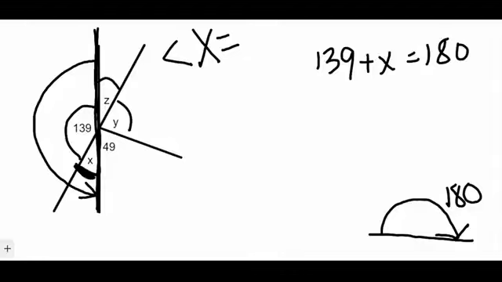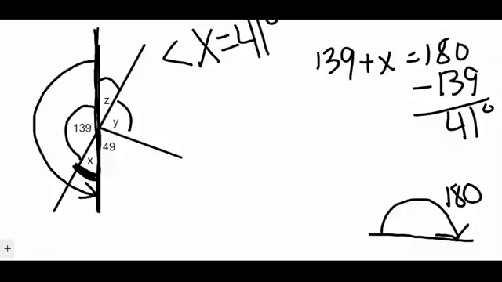So if I take the 180 degrees and subtract the 139 from it, it should give me this little piece, my little X there. Let's see, 180 minus 139 is 41. What that tells me is that angle X is 41 degrees.